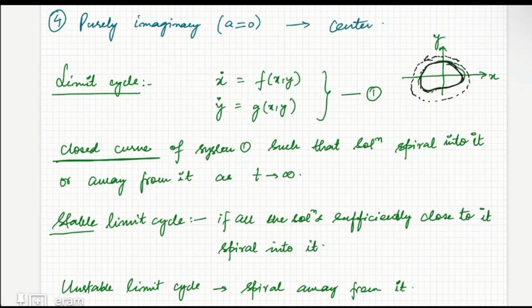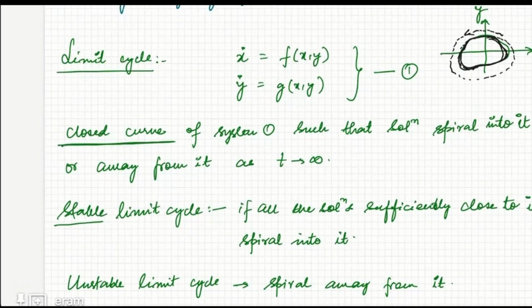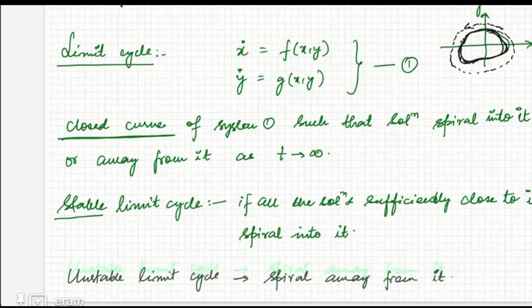That closed curve will be called a stable limit cycle. So that's about limit cycles. The next thing covered is the Poincare-Bendixson criteria.